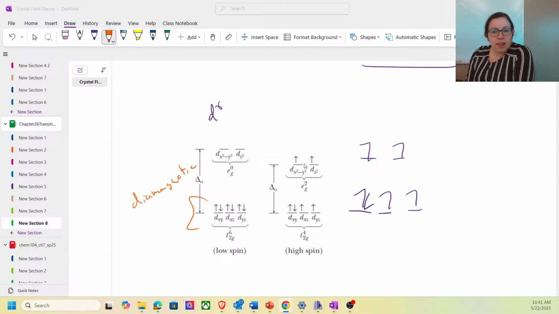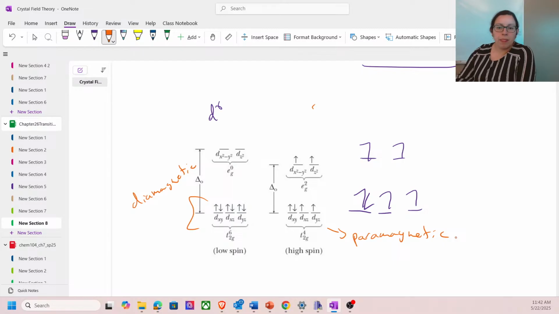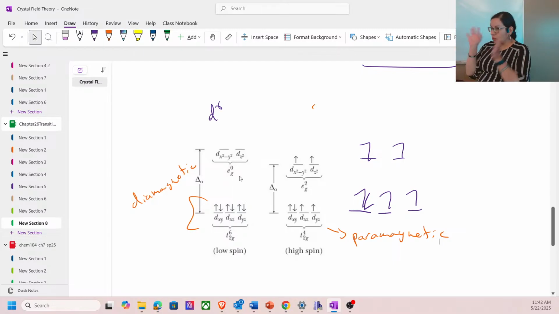We can see that this is paramagnetic since it has a bunch of unpaired electrons. So paramagnetic. And again, that's just the first step spectroscopically.